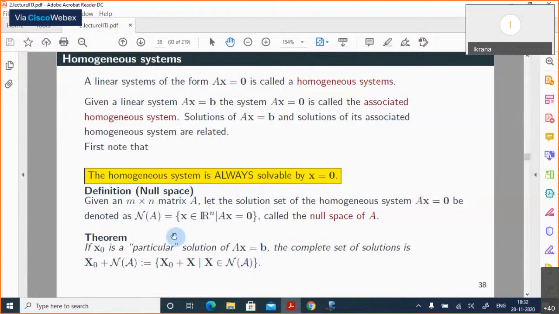So if I know the null space for matrix A, then I know the solutions of the non-homogeneous system also completely. So we would like to know what the null space is for a matrix A. We have defined the null space for an M cross N matrix, where N is the number of columns, so the null space is a subset of Rn.